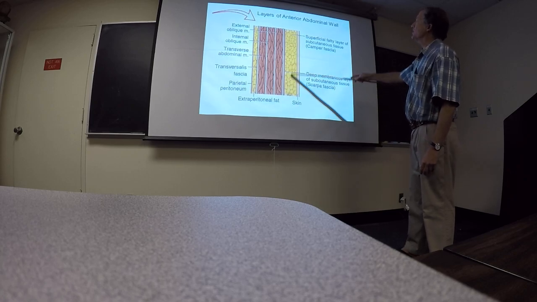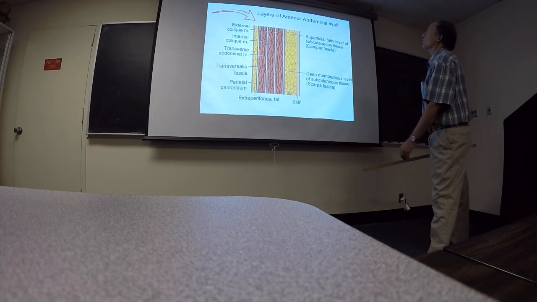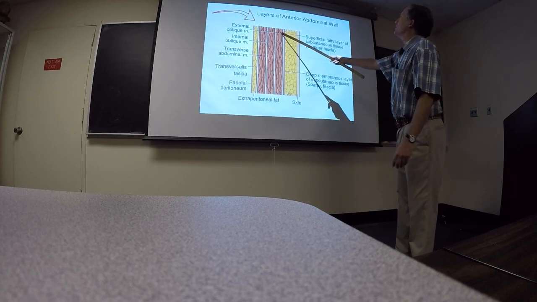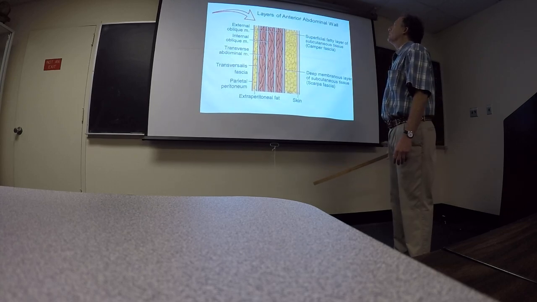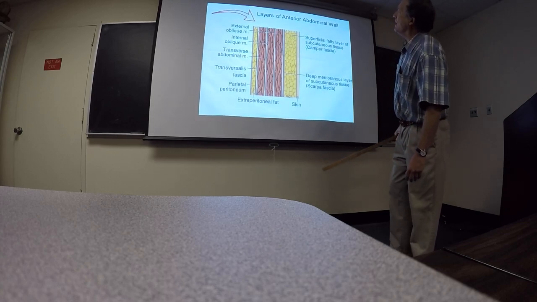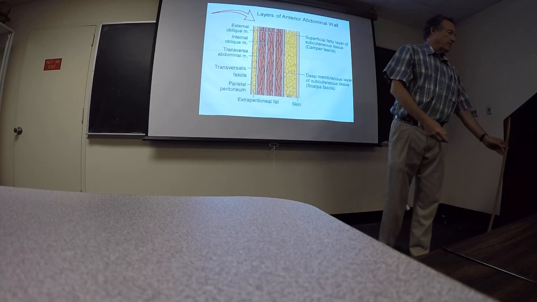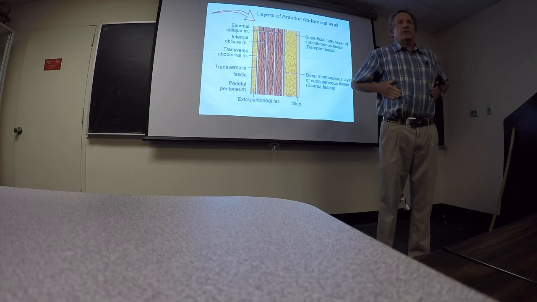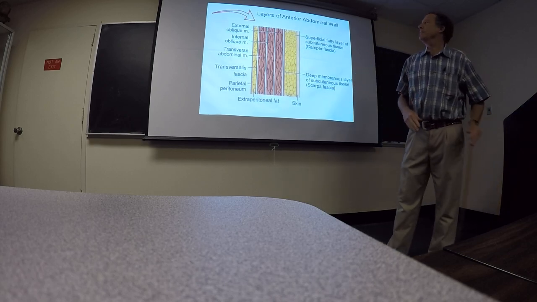Deep to Scarpa's fascia are 3 layers of muscles, at least on the side wall. The most superficial one is called the external oblique muscle, and just like the external intercostal muscles, it is oriented from superiorly and laterally down. So it's just oriented like that, like putting your hands in your pockets.